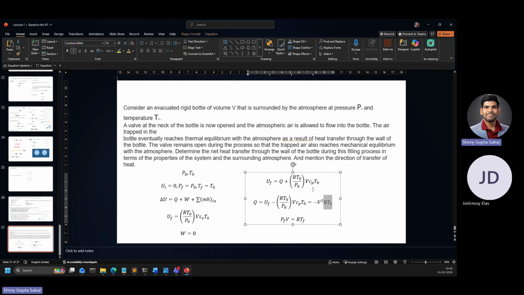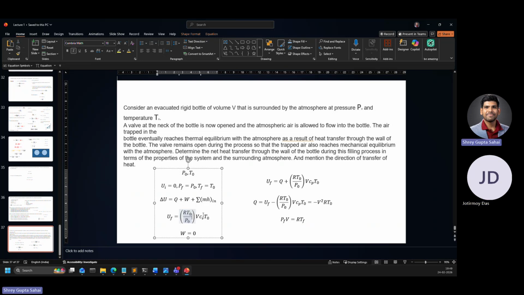Oh yeah, the issue is P equals rho RT, right? So PV equals mRT, or P equals rho RT. So this should be P naught by RT naught, not RT naught by P naught. This was rho F, you remember?